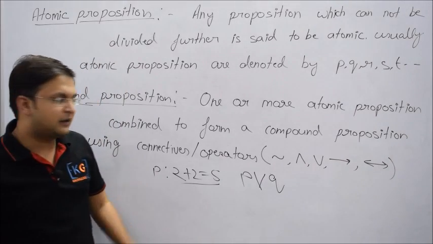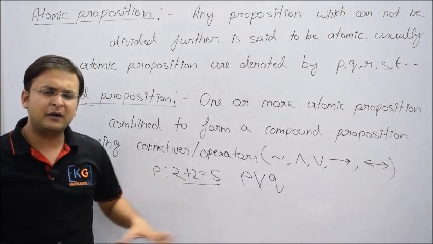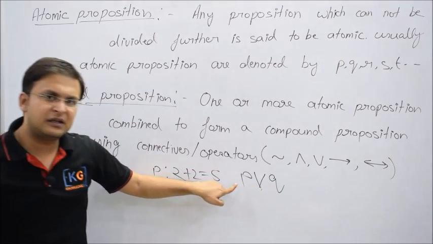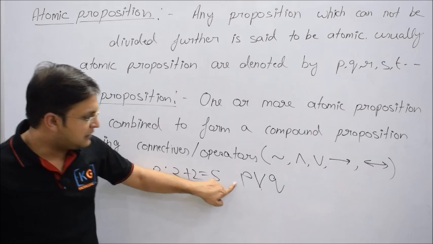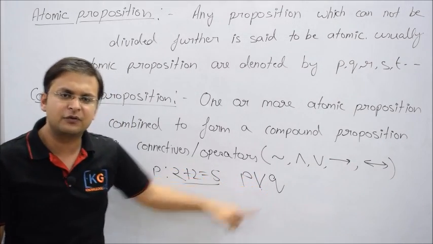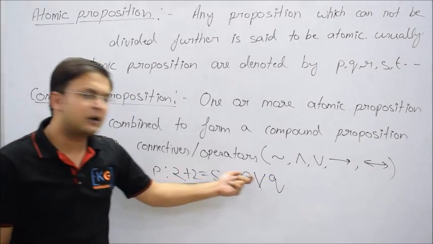In the next video we'll understand this, and here we say it is a disjunction, but the basic meaning is the same. It means this total logic is going to be true if at least one of them is true. So if either P is true or Q is true or both are true, this becomes a compound logic, because it depends on two atomic propositions.